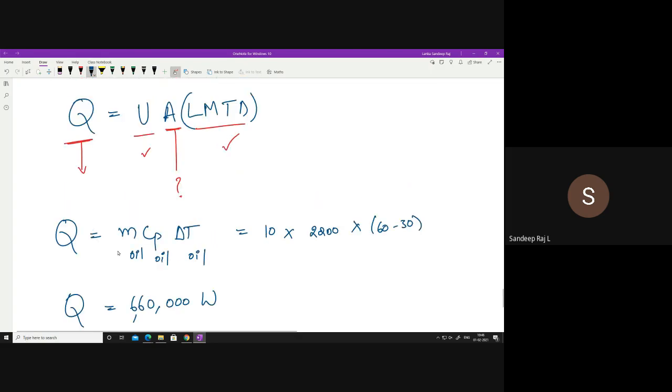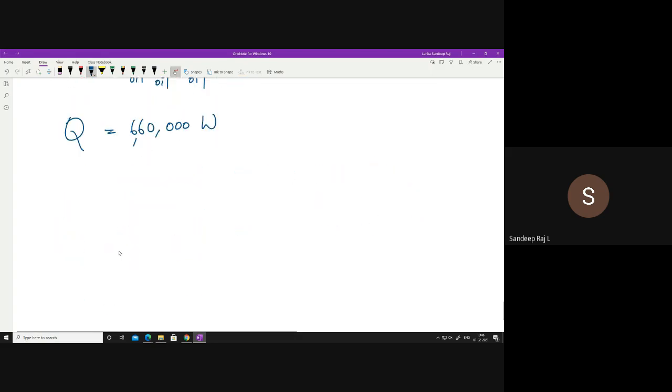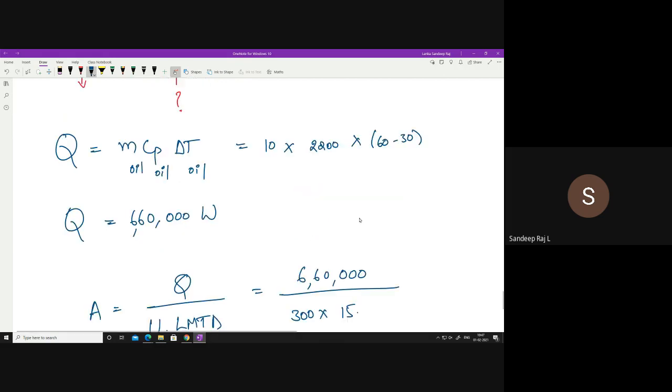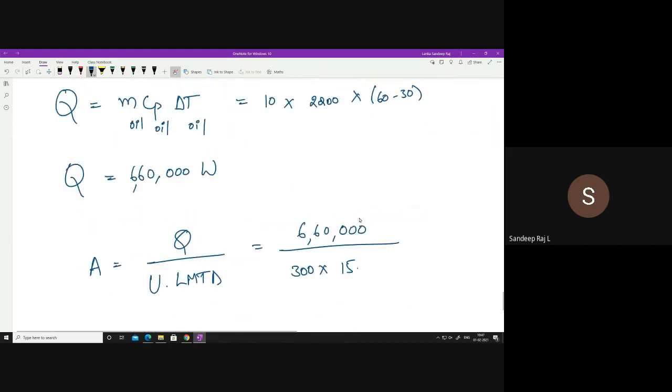So substitute all these values into Q is equal to U A LMTD. Then you will have area. Area is equal to Q by U into LMTD. The Q value is 66, by U value. U value is 300. What is the LMTD value? 15.634.